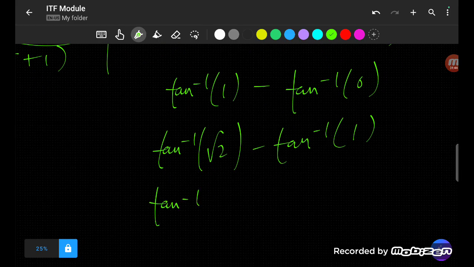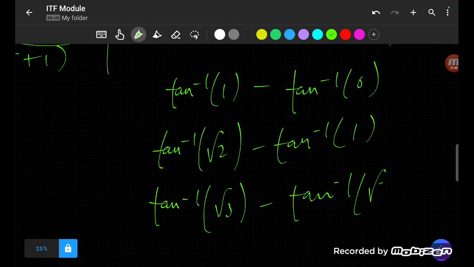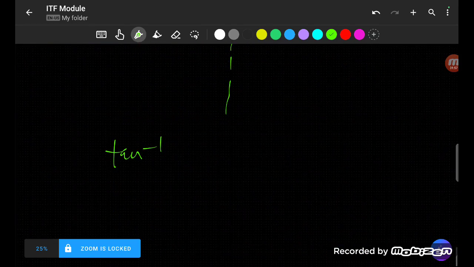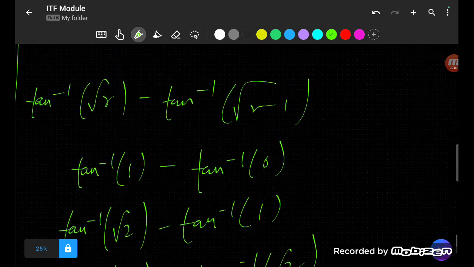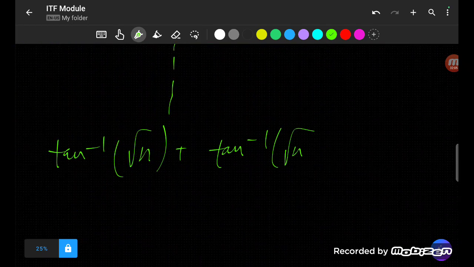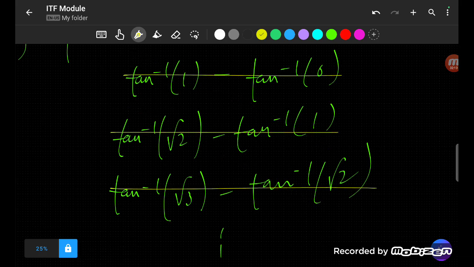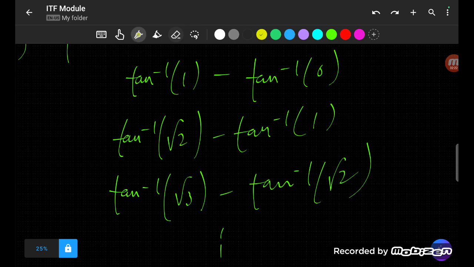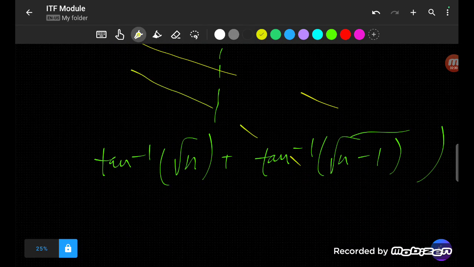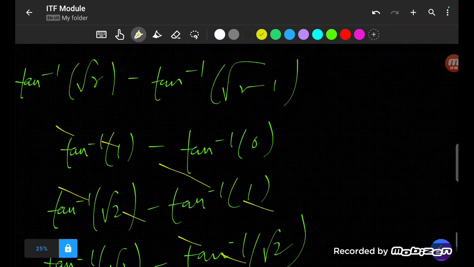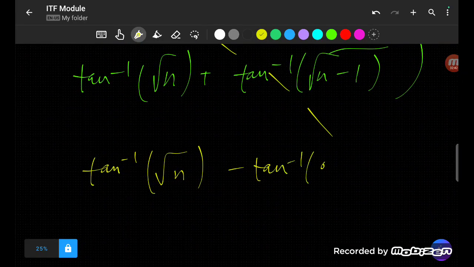Hold up. Okay wait, this is becoming telescopic: tan inverse root n plus tan inverse root n minus 1. So we're left with tan inverse root n minus tan inverse 0.